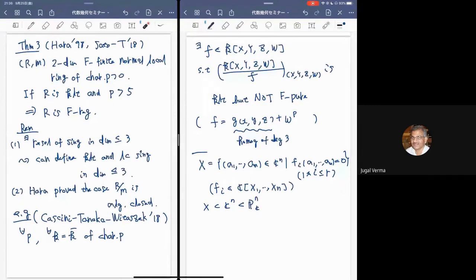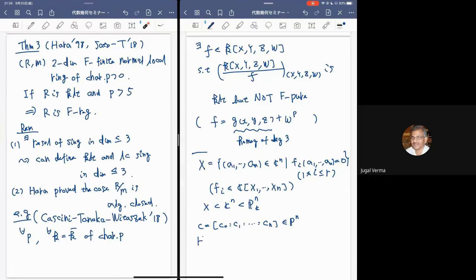We choose an element c of projective space, like this, then we can consider the hyperplane associated to c.